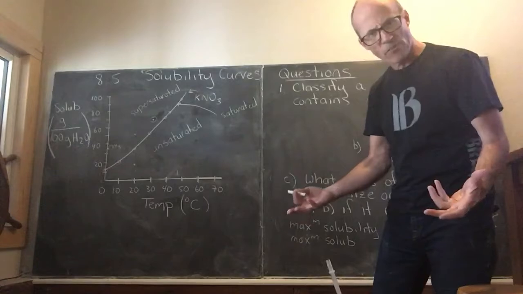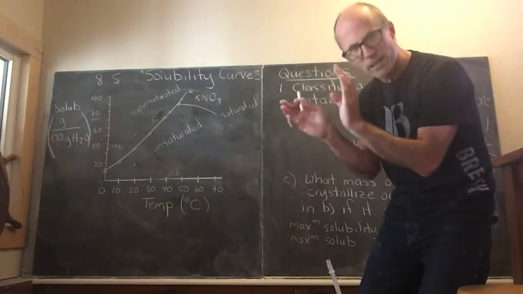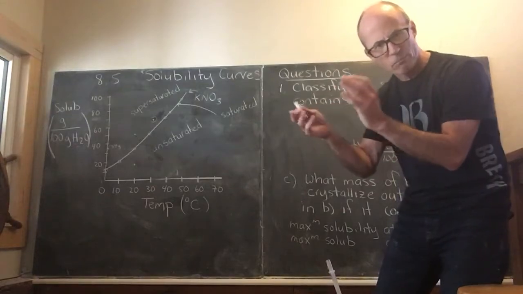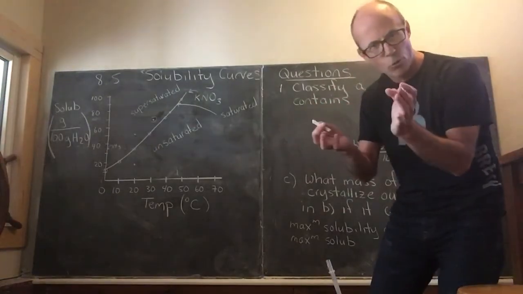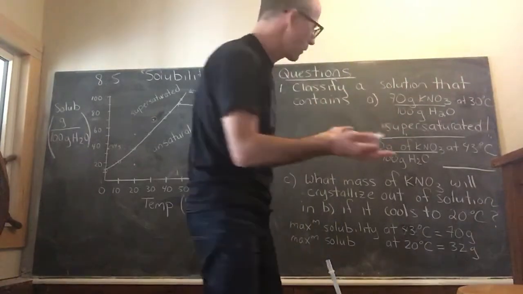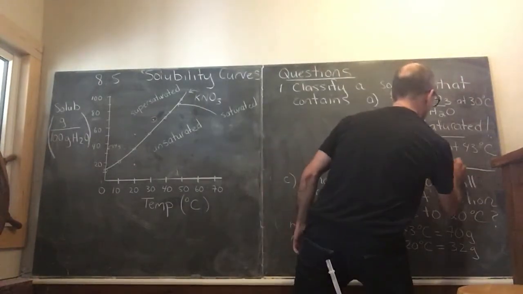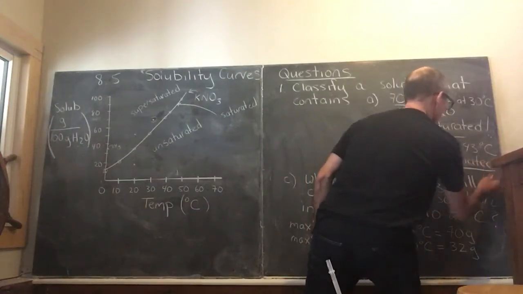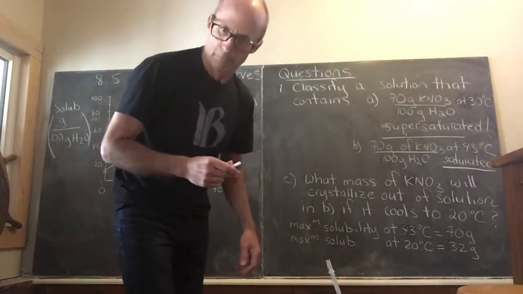That's pretty rare if you think about it, to have the exact right amount to perfectly dissolve. Kind of like Goldilocks' porridge. Not too hot, not too cold, just right. This is the Goldilocks situation, and we're going to say that this solution would be exactly saturated.